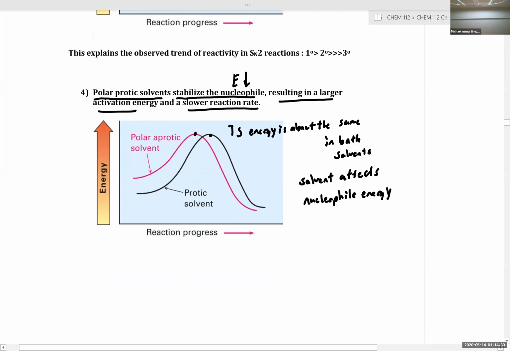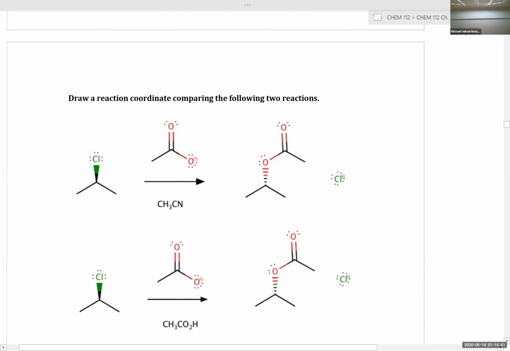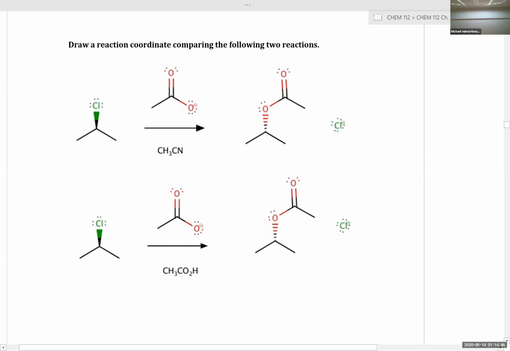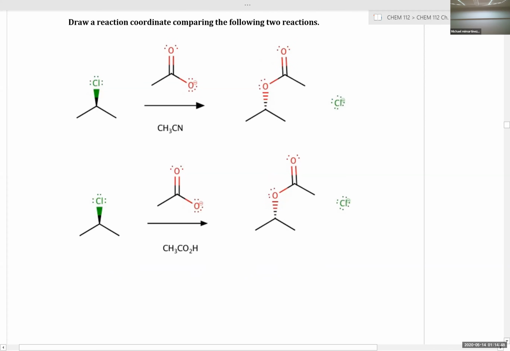Okay, perfect. So let's take a look at two reactions and let's try to draw a reaction coordinate comparing these two reactions. I just want you to tell me the difference between these two reactions. So we're clearly dealing with an SN2 reaction.